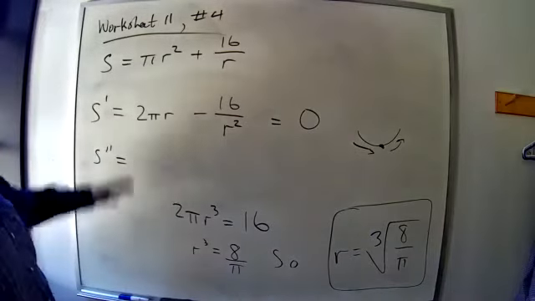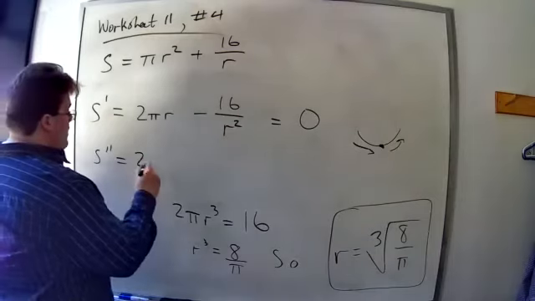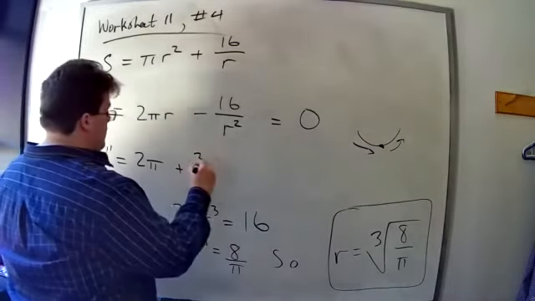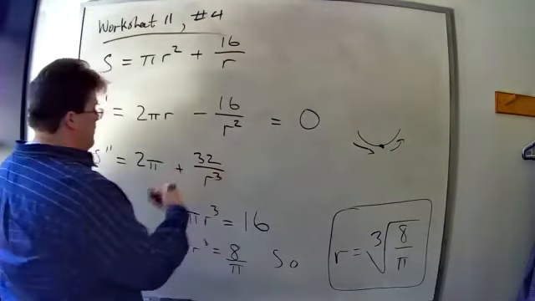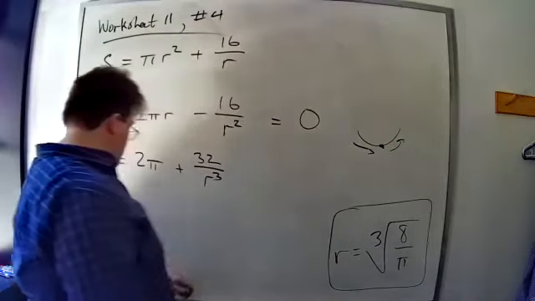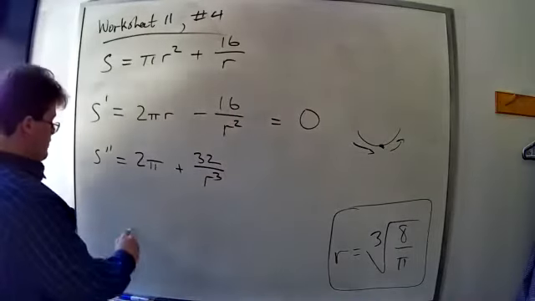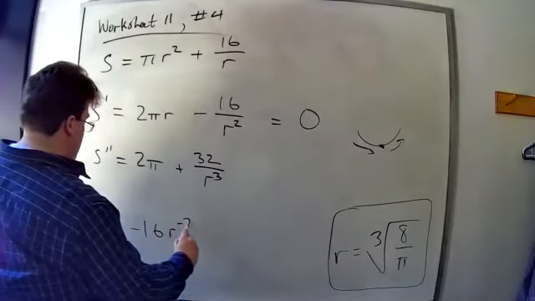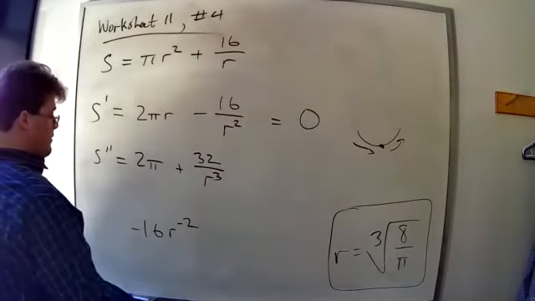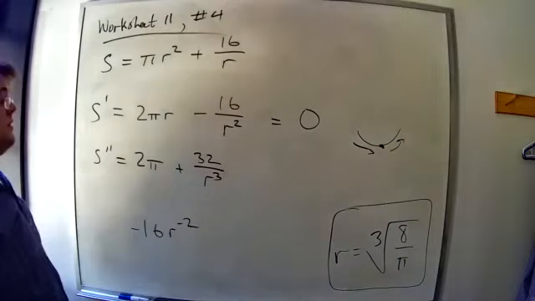The power rule will tell you the derivative is just 2 pi. How about negative 16r to the negative 2? Derivative of negative 16r to the negative 2 is positive 32, r to the negative 3.